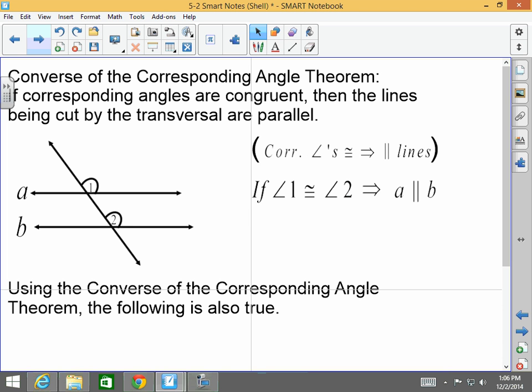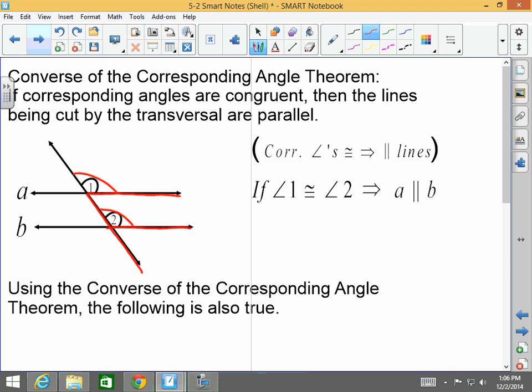If angle 1 is congruent to angle 2 in this case, line A is parallel to line B. Remember that corresponding, we're looking at the F. So if the top side is congruent to the top side, or the underbelly is congruent to the underbelly of that F, then the lines being cut by that transversal are parallel.